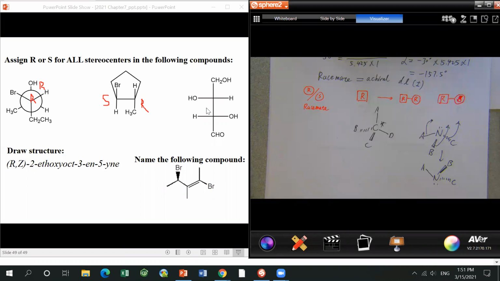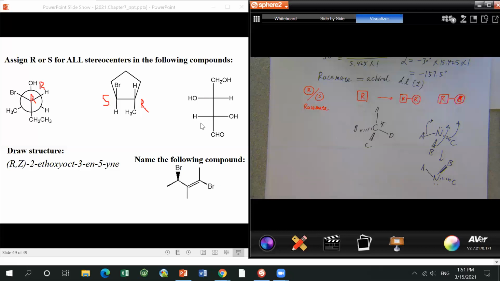Anyone want to try the last one? The last one is a Fischer projection. Keep in mind that you have to make sure the horizontal bonds point towards you. In this case, this hydrogen points towards you.